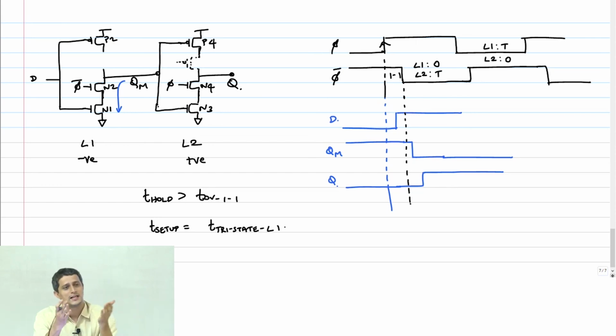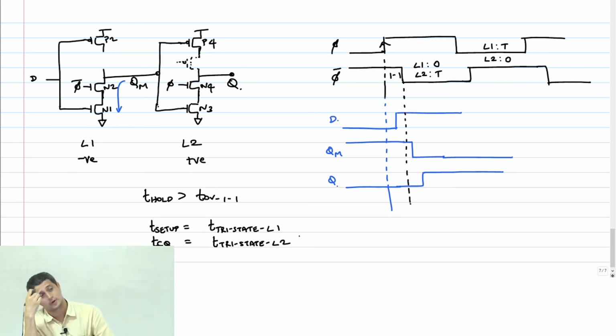Whatever delay, as long as you are able to charge that capacitor on QM correctly, your setup is done. If you cut it off before that, then you have a problem. What about TCQ? Exactly. This is the tri-state delay of L2.